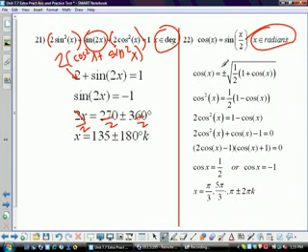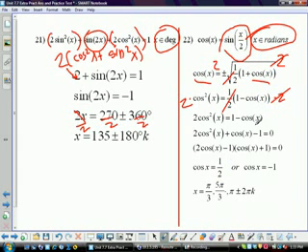Number 22, I use my half angle identity right here to get it all in terms of cosine of x. I square both sides to get rid of my square root sign. I multiply by 2 to get rid of the 1/2.